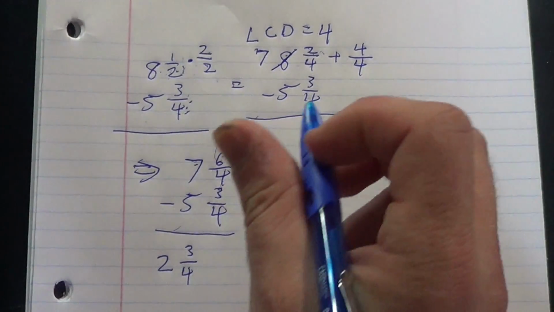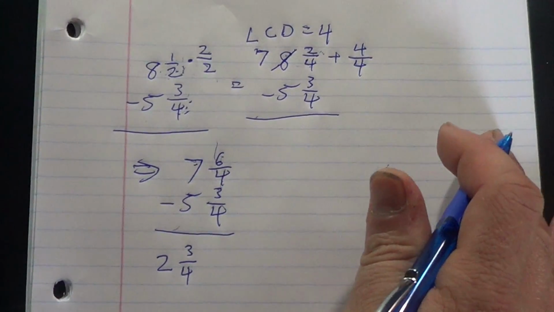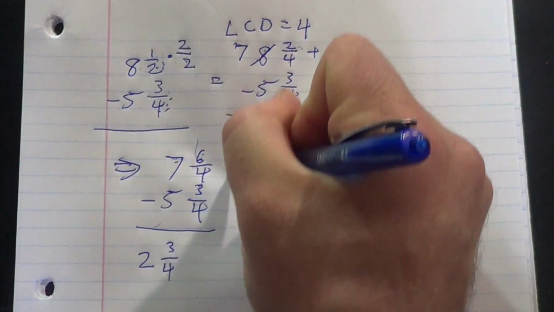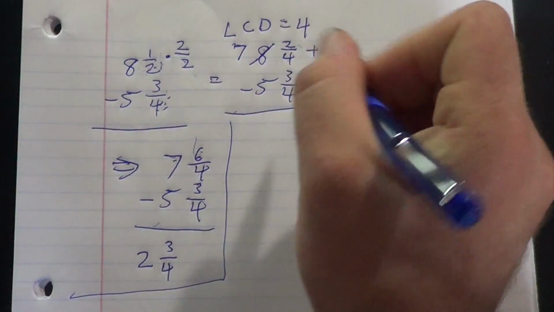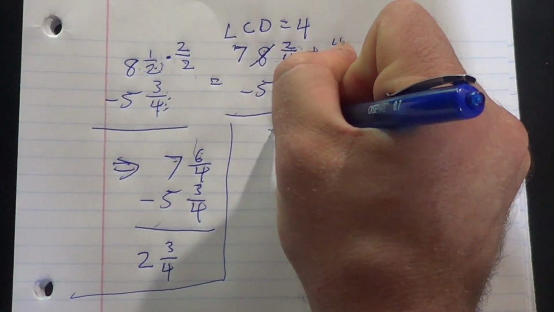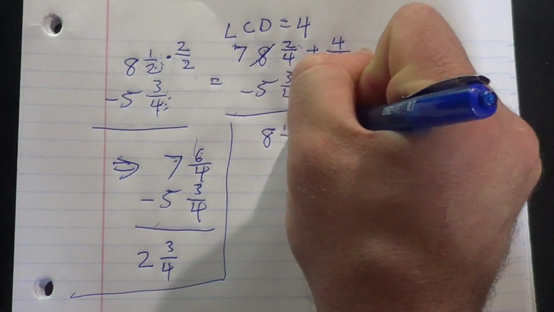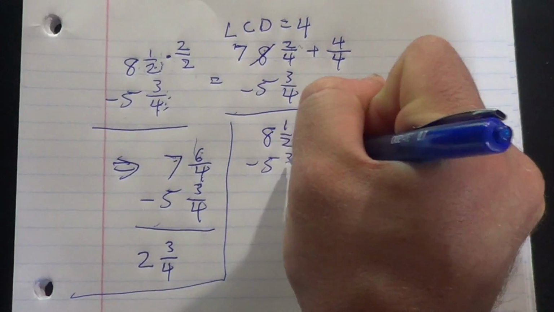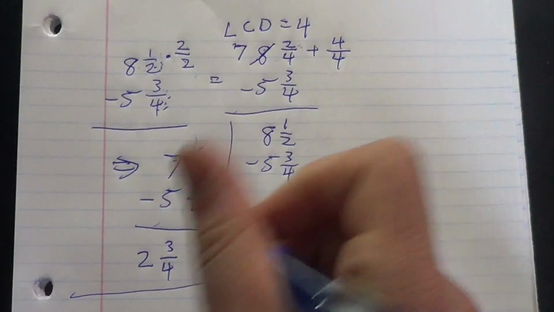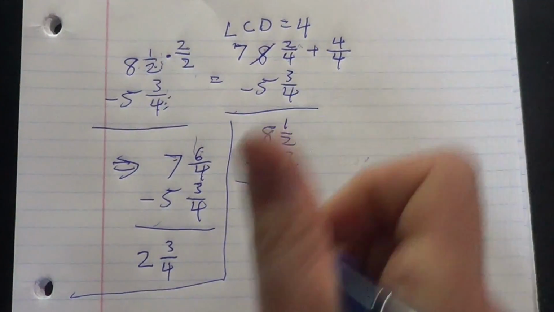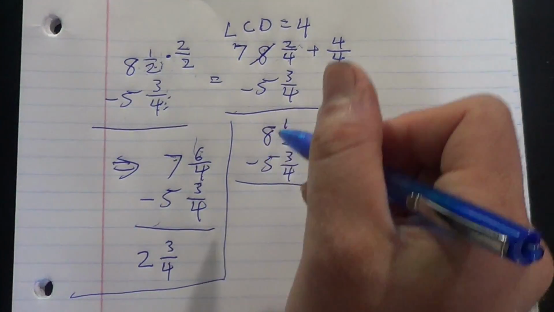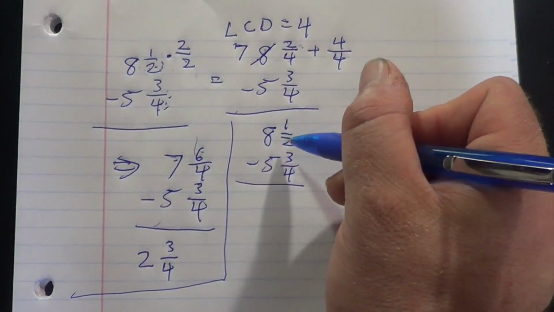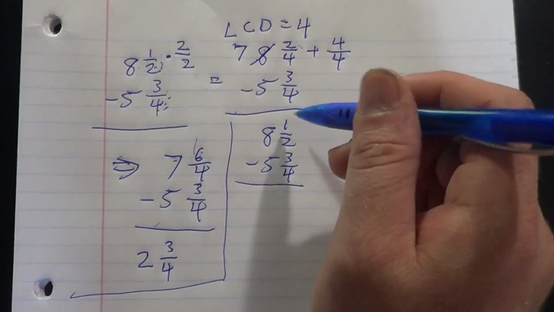Now let's look at this other method I was describing here. I'm going to just kind of draw right here. So we got 8 1/2, and we are subtracting off 5 3/4. And the first thing we're going to try now is let's convert these into improper fractions.